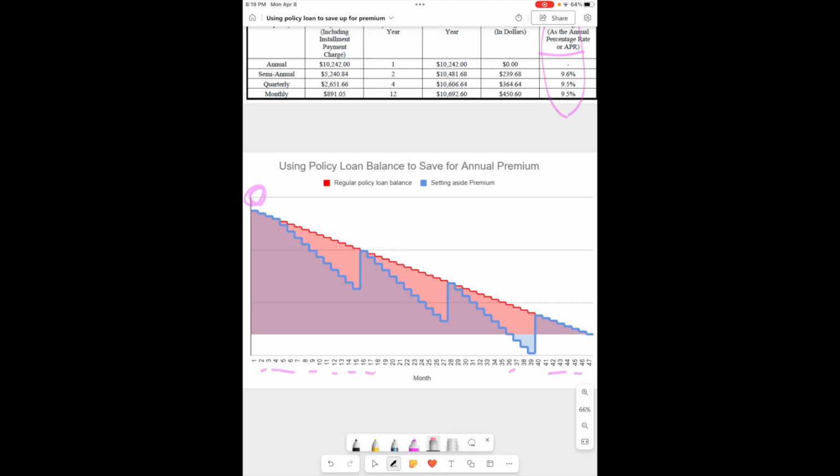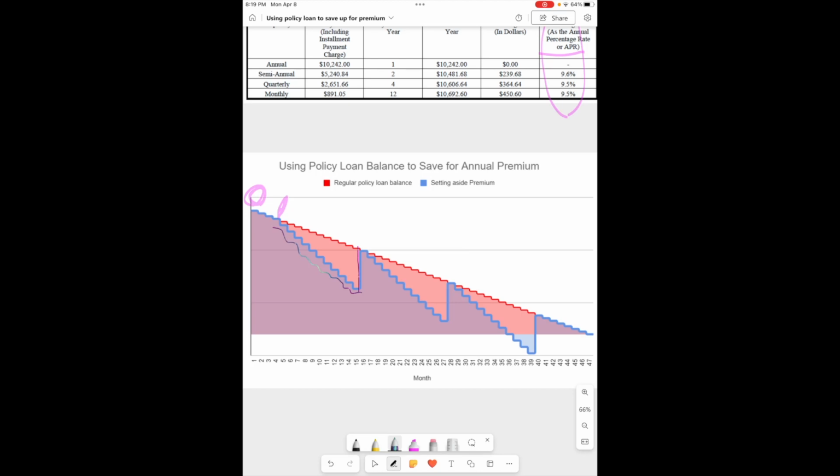What if we use this policy loan balance to accept our monthly payments that we're setting aside to pay our future annual premium? And we can see here in, say, the third or fourth month, that's what we start with. We start with these regular monthly payments. And then at this point, we make a new policy loan, make our future annual premium payment.